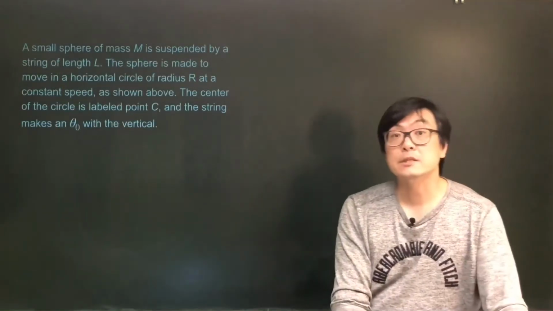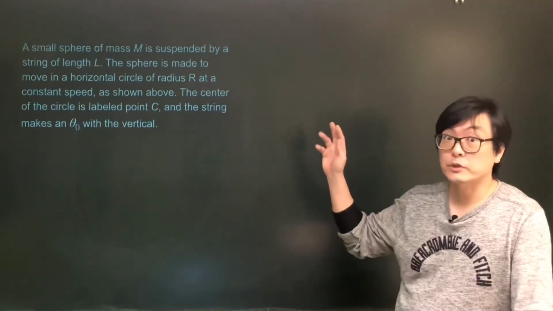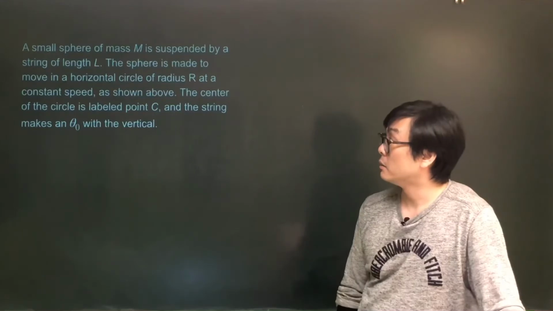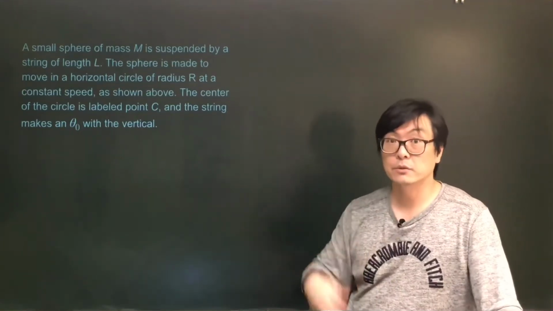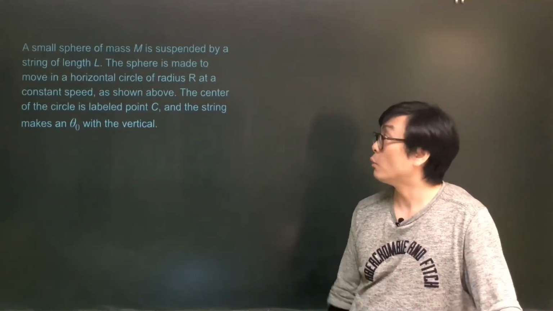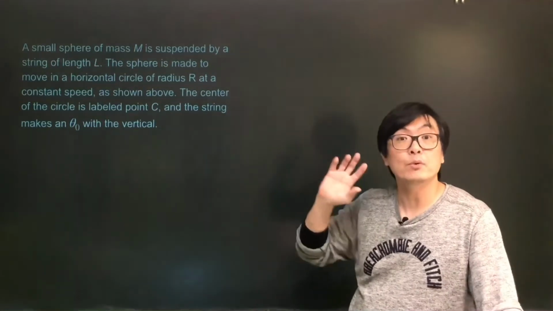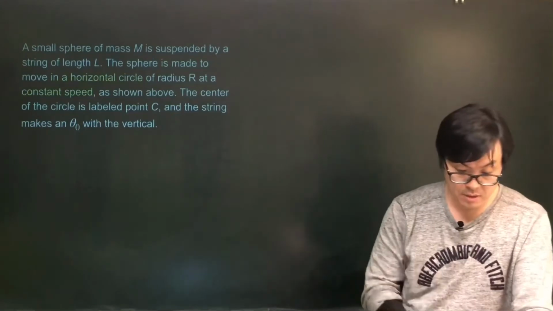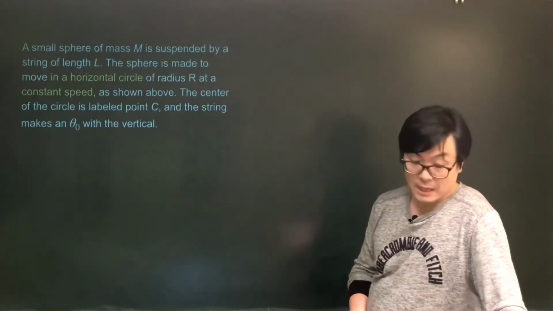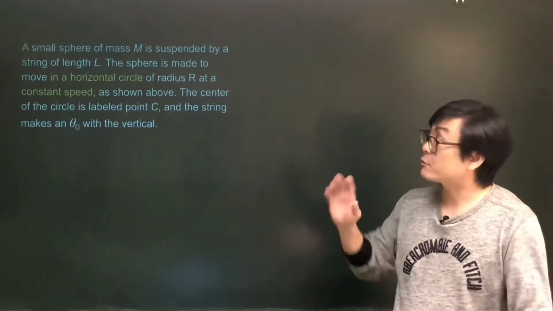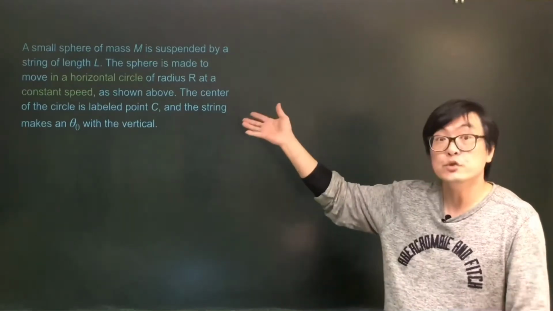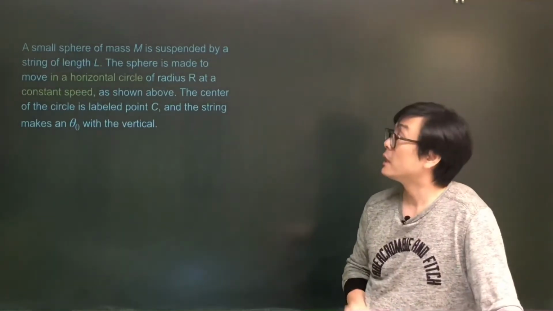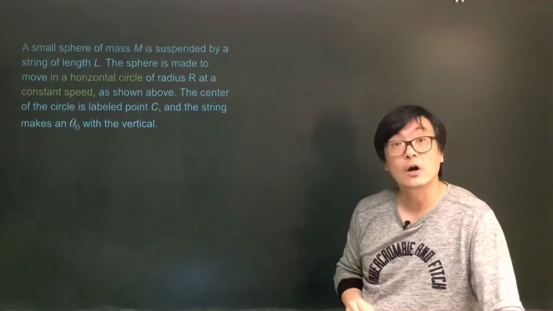This is the main statement for the question. After reading this question thoroughly, what part did you find as important information or core words? I believe you have to catch at least these two parts: in a horizontal circle with constant speed.